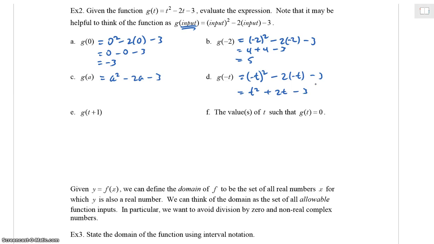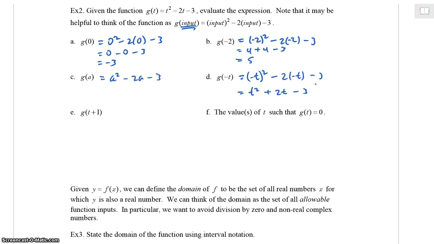In part E, it's the same story. We're not given a specific numerical value. We're asked to compute g of t plus 1, where t would be some real number, unspecified. So t plus 1 would be the number 1 larger than t. What would g of t plus 1 look like? Well, t plus 1 is the input.